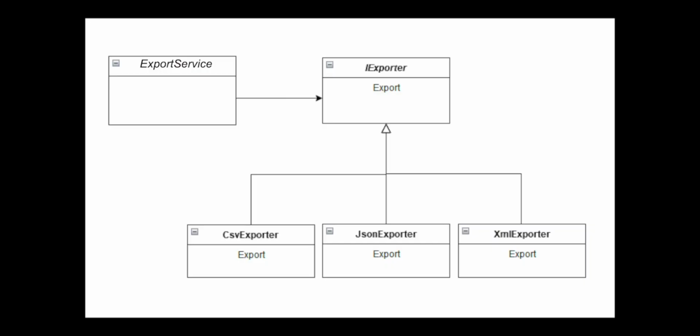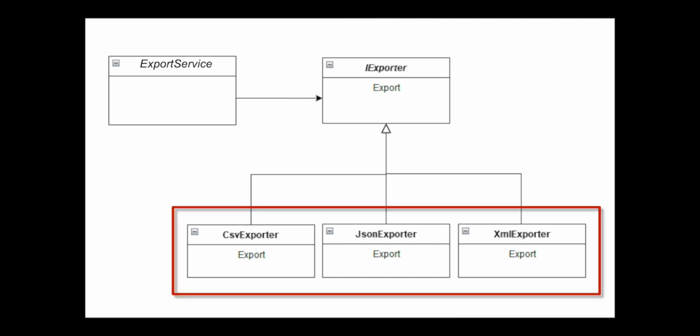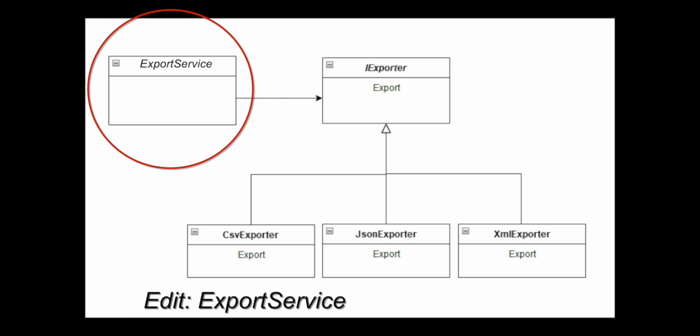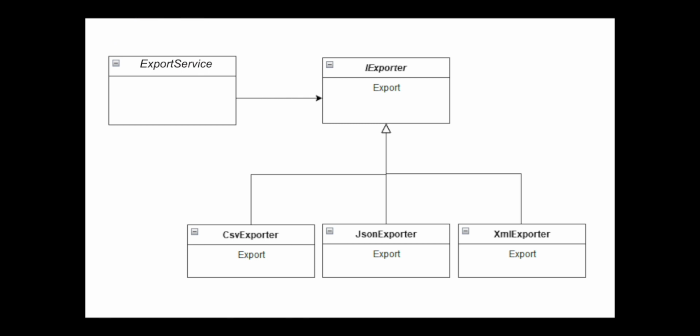So in our case, the strategy will be an interface called IExporter, and the concrete strategies will be a JSON exporter class, an XML exporter class, and a CSV exporter class. They all implement the IExporter interface, and the context will be the exporter service class, which will be used by the page model or a controller if you use MVC.